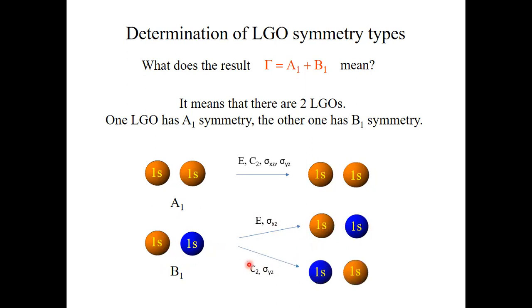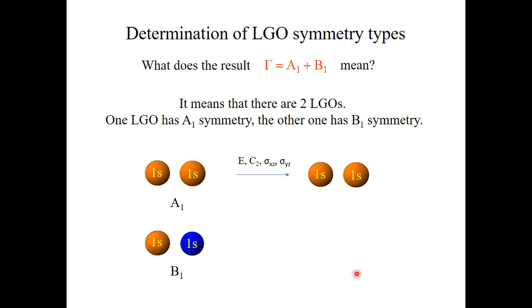While when we apply C2 and sigma yz, then the algebraic sign of the orbital is swapped. So the unchanged situation refers to a character of +1 in the irreducible representation. The swapping of the algebraic signs refers to a character of -1 in the irreducible representation.